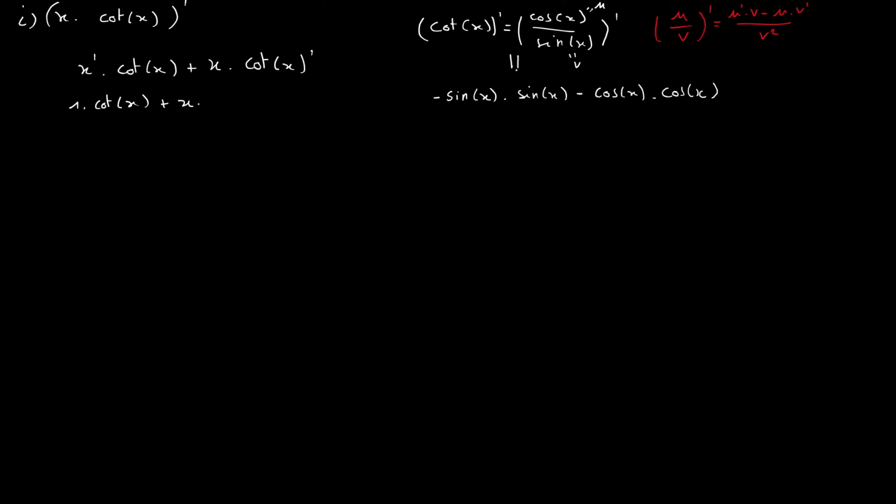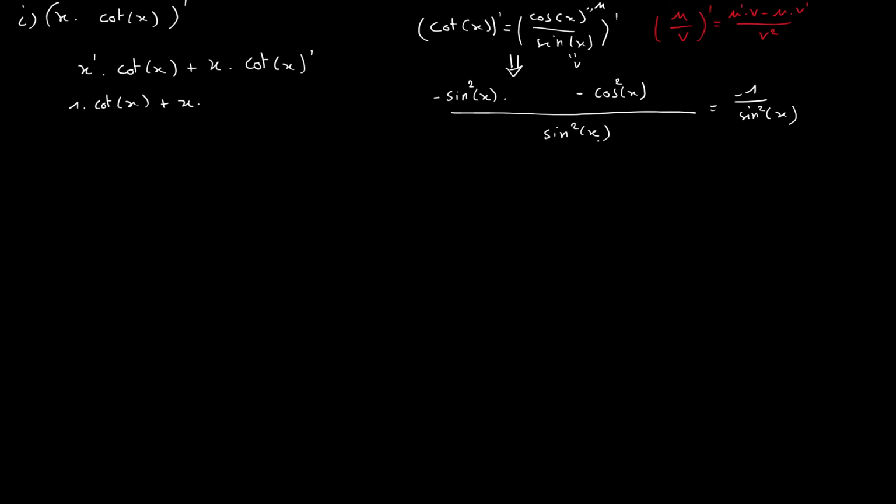Then all of this is over v squared, which is sine squared of x. We can rewrite this a bit: minus sine squared x minus cosine squared of x, which we all know is equal to minus 1 over sine squared of x.